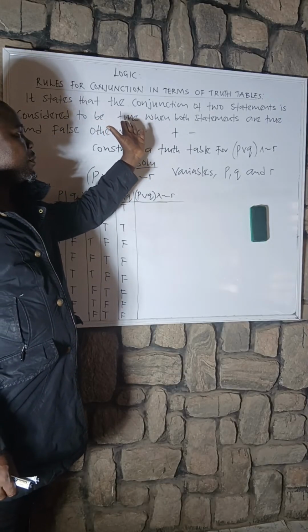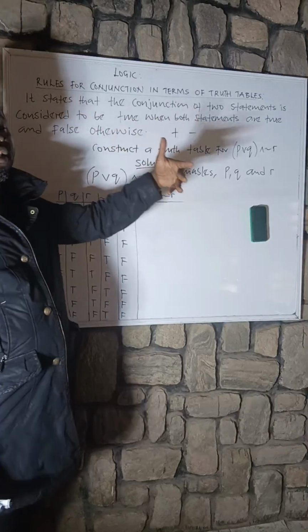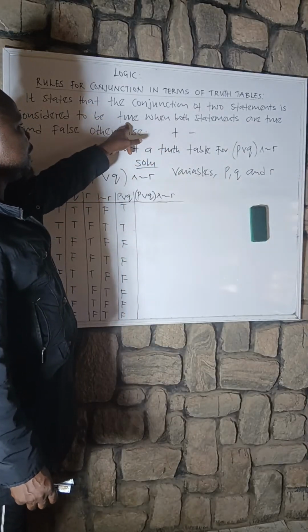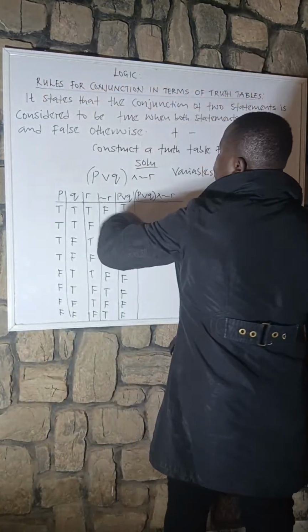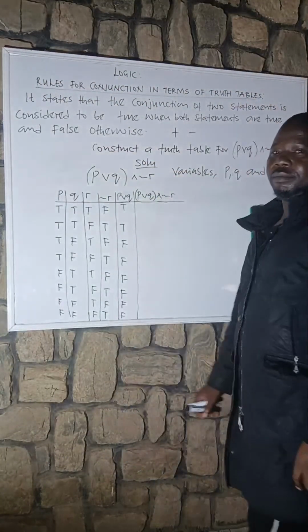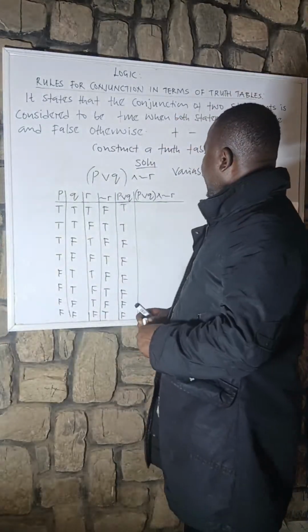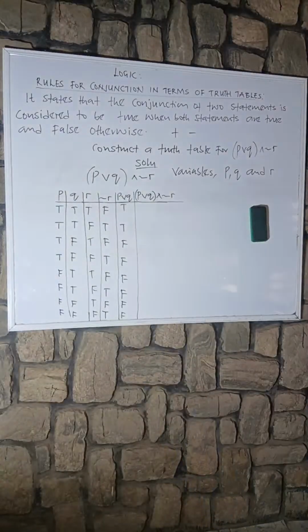Take note. Since that one is considered true when both statements are true, this one is considered to be false where both statements are false, and true otherwise. That is just it. Do you have a question? Drop it in the comment section, please.